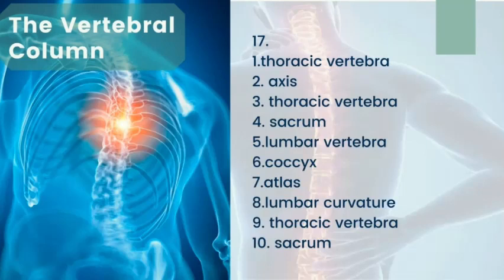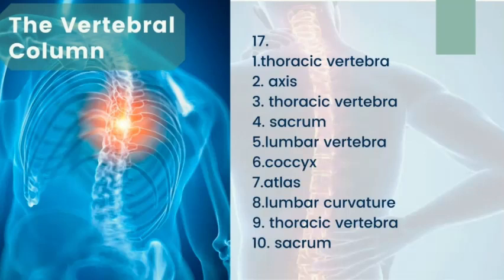Number 4, sacrum, forms a joint with the hip bone. Number 5, lumbar vertebra, vertebra with a block-like body and short, stout spinous process. Number 6, coccyx, aka tailbone. Number 7, atlas, articulates with the occipital condyles.